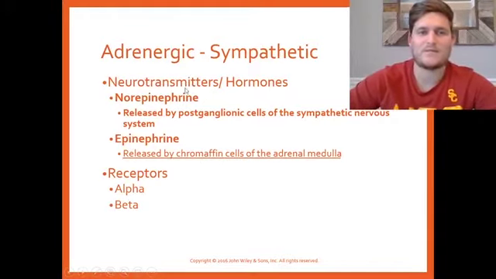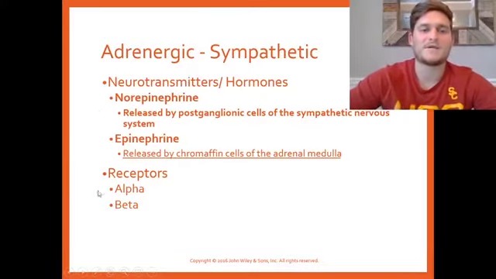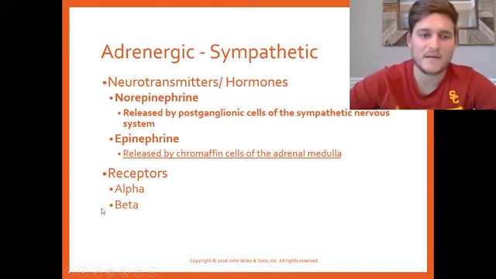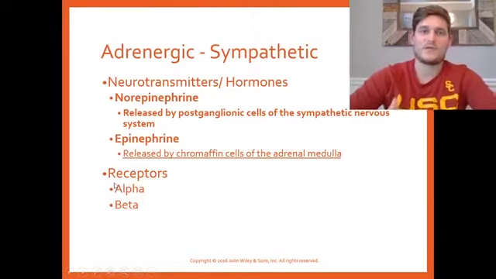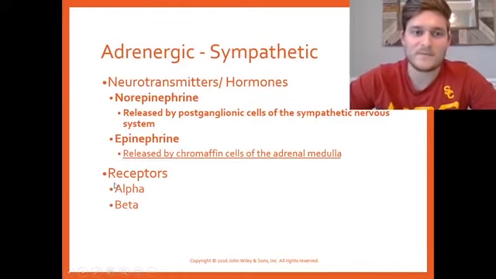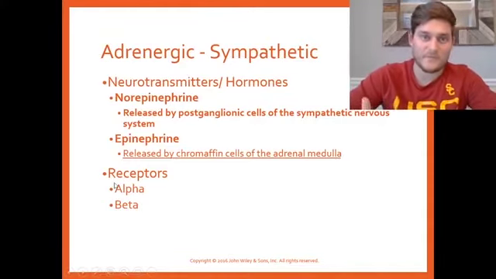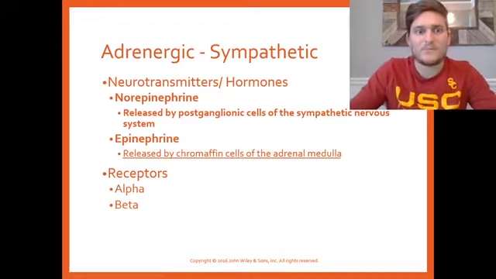But either method, whether it be neurotransmitter or hormone, they're going to bind to what's called alpha and beta receptors. And so once epinephrine or norepinephrine binds to these receptors that are located on that target cell, it's going to increase sympathetic nervous activity.